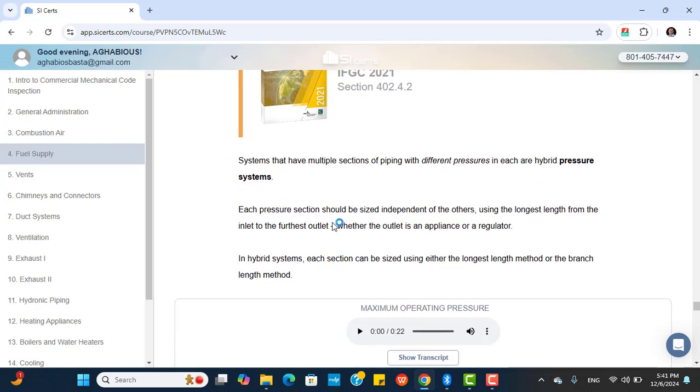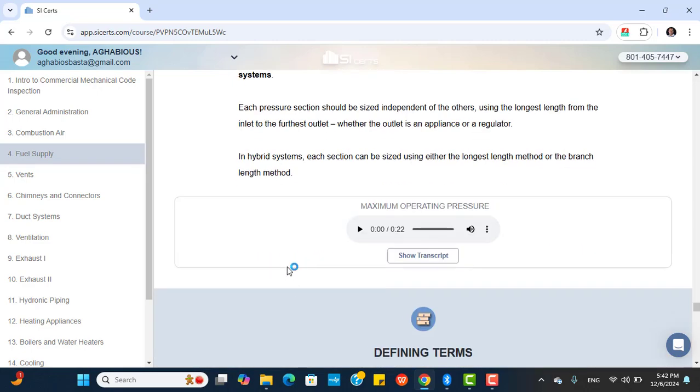Each pressure section should be sized independent of the other, using the longest length from the inlet to the farthest outlet, whether the outlet is an appliance or a regulator. In a hybrid system, each section can be sized using either the longest length method or the branch length method.